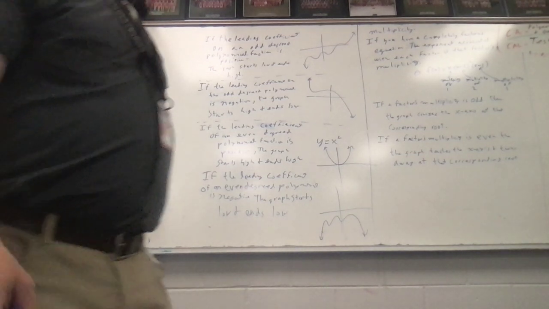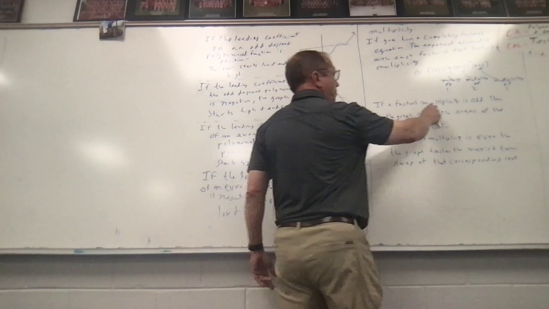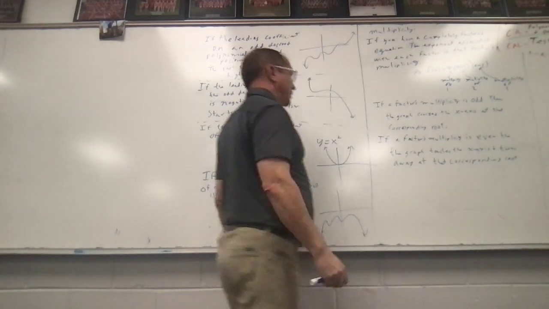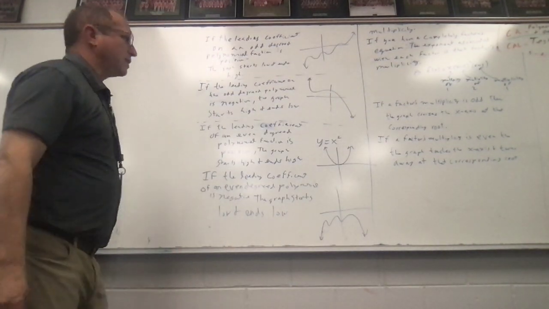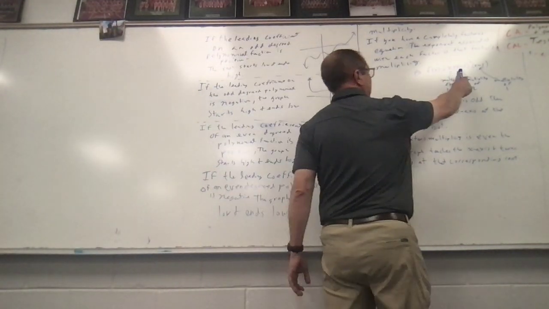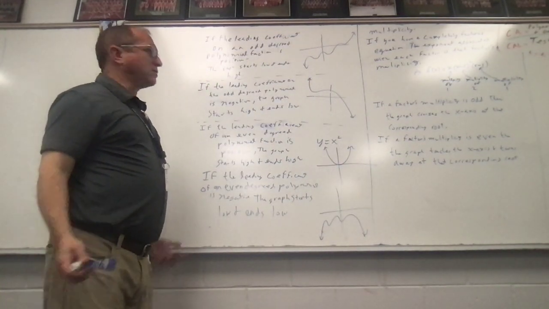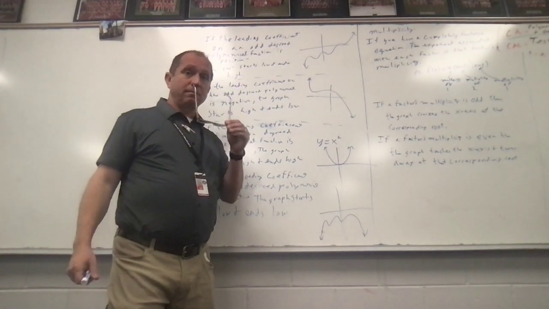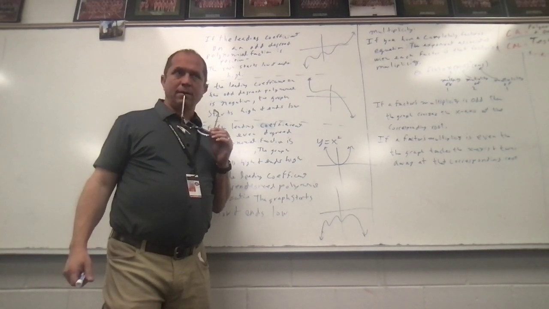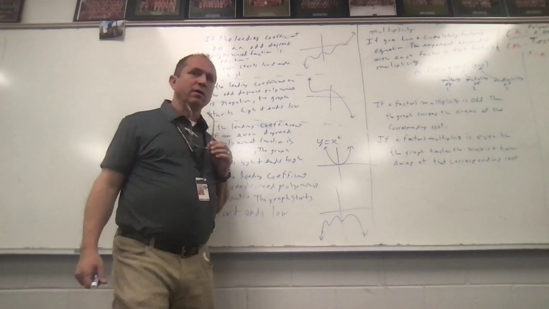So how does that help us? Well, we know if a factor's multiplicity is odd, then the graph crosses the x-axis at that corresponding root. So the root associated with x is 0. The root associated with x minus 5 would be what? How do we use a factor to find a root?